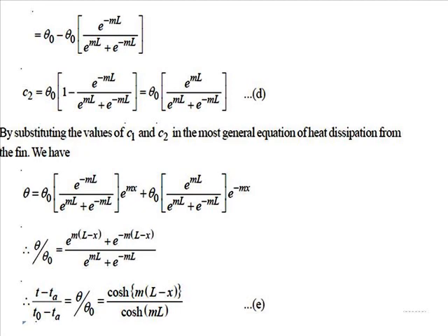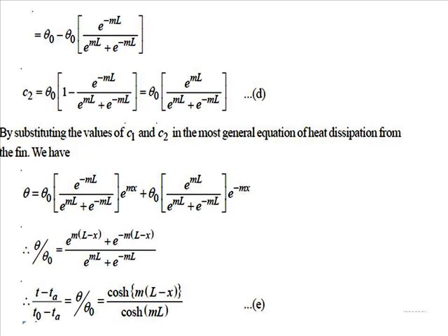So theta 0 is common from both sides. So we can say that theta divided by theta 0 equals e^(m(L-x)) plus e^(-m(L-x)) divided by e^(mL) plus e^(-mL).